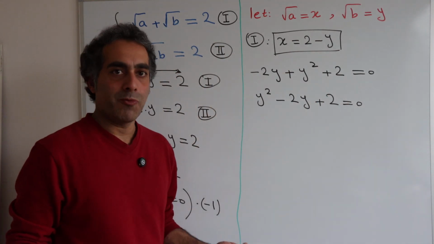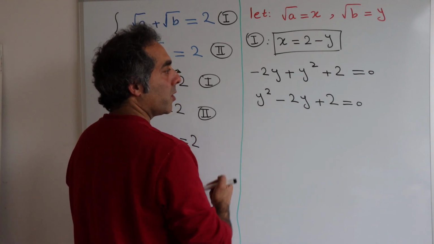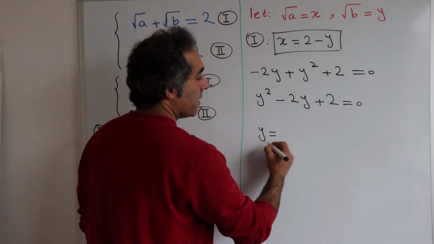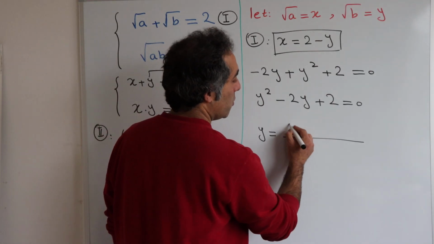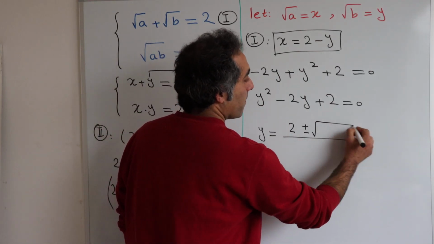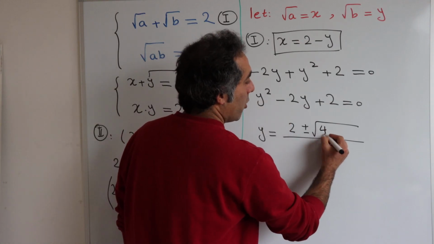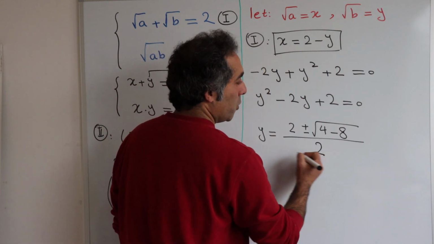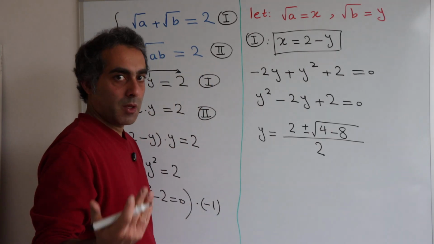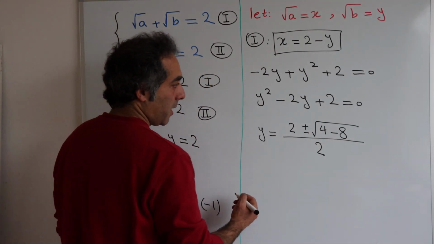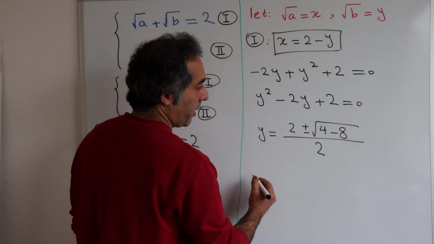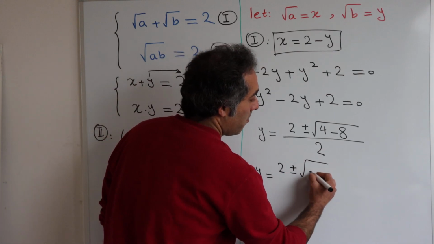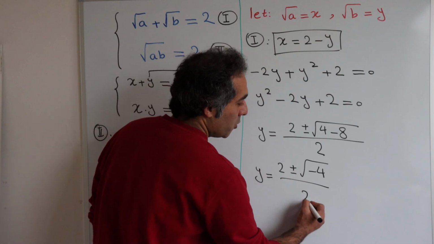And this is a familiar form for quadratic equations, the second order equations, because y now is minus b, which is 2, plus minus the square root of its square, 4, minus 4 times 2, which is 8, over 2. And you know, this is a negative number, so we have a complex root. Two complex roots actually, because it's second order. y is now 2 plus minus the square root of minus 4 over 2.